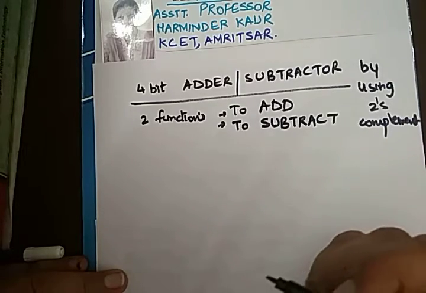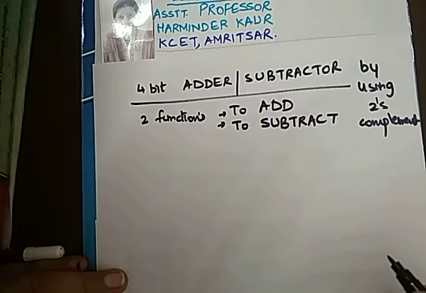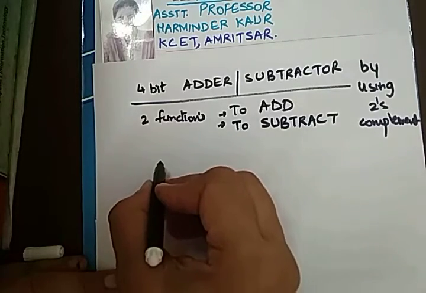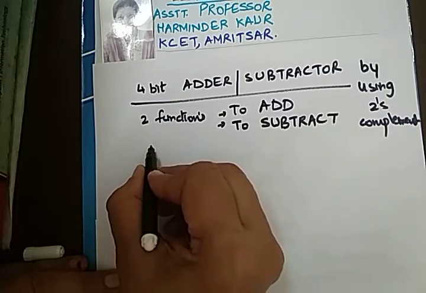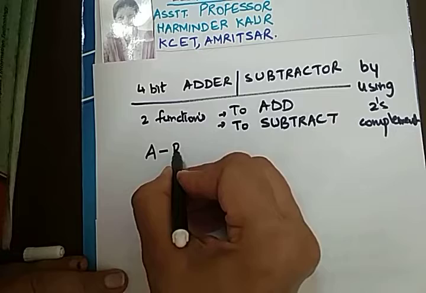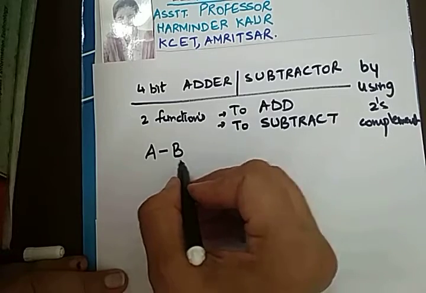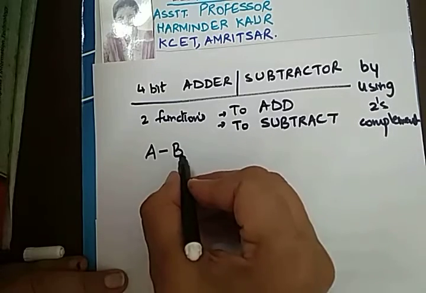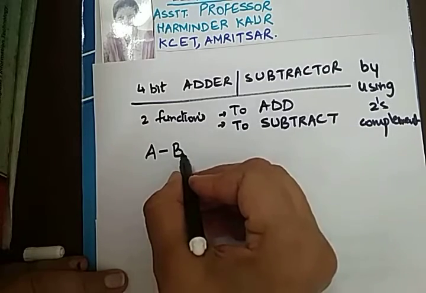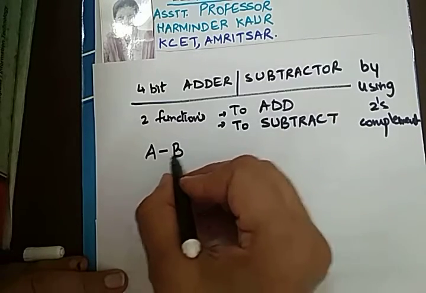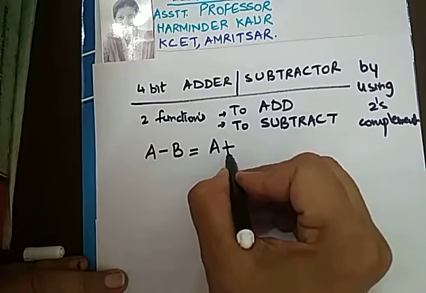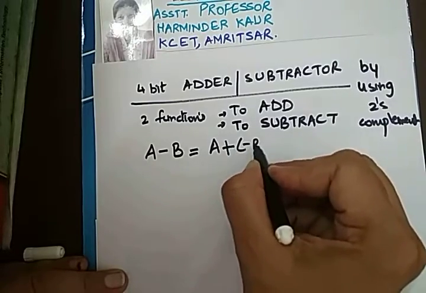Before we go on to draw the circuit or the block diagram, let us first revise how we perform the function of subtraction a minus b. Subtraction of two binary numbers a and b, both being 4 bits each. We could write this as a plus minus b.